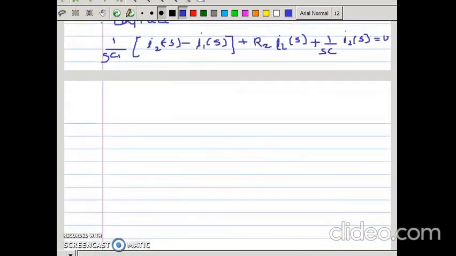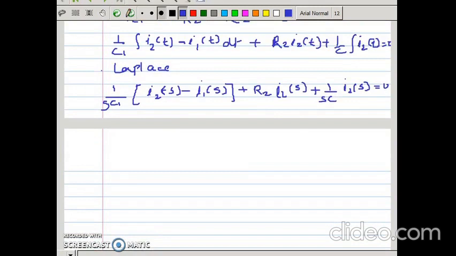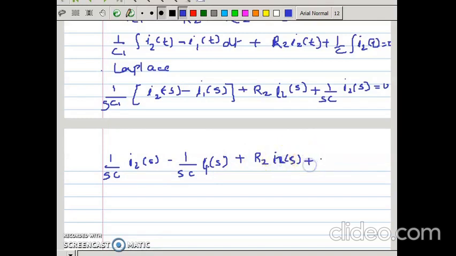Now here we get the second equation, of the second loop. Can we minimize this? 1 upon sC1 I2 of s minus 1 upon sC1 I1 of s plus R2 I2 of s plus 1 upon sC2 I2 of s equal to 0.